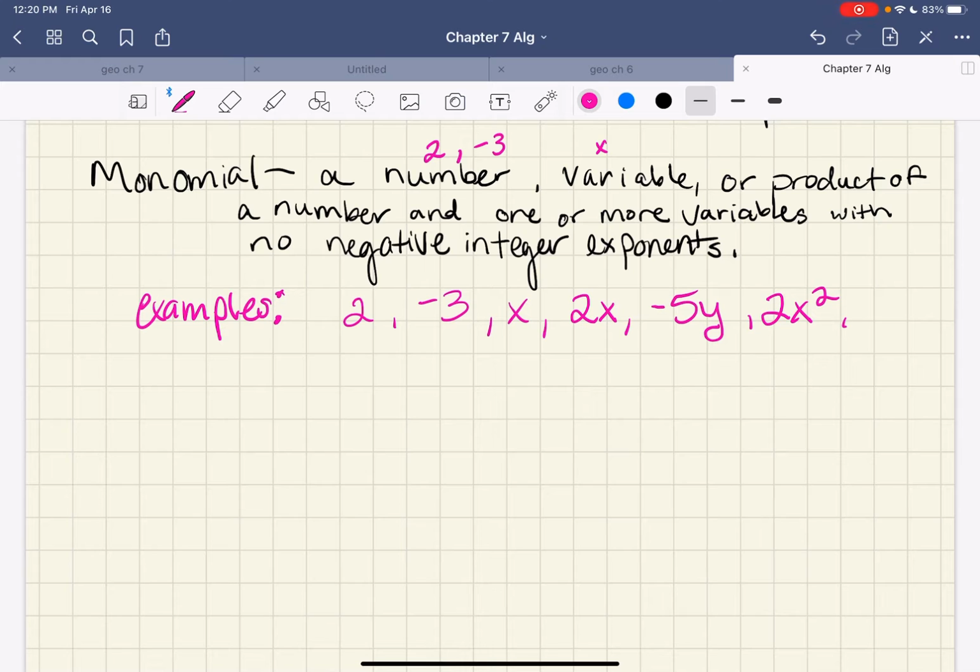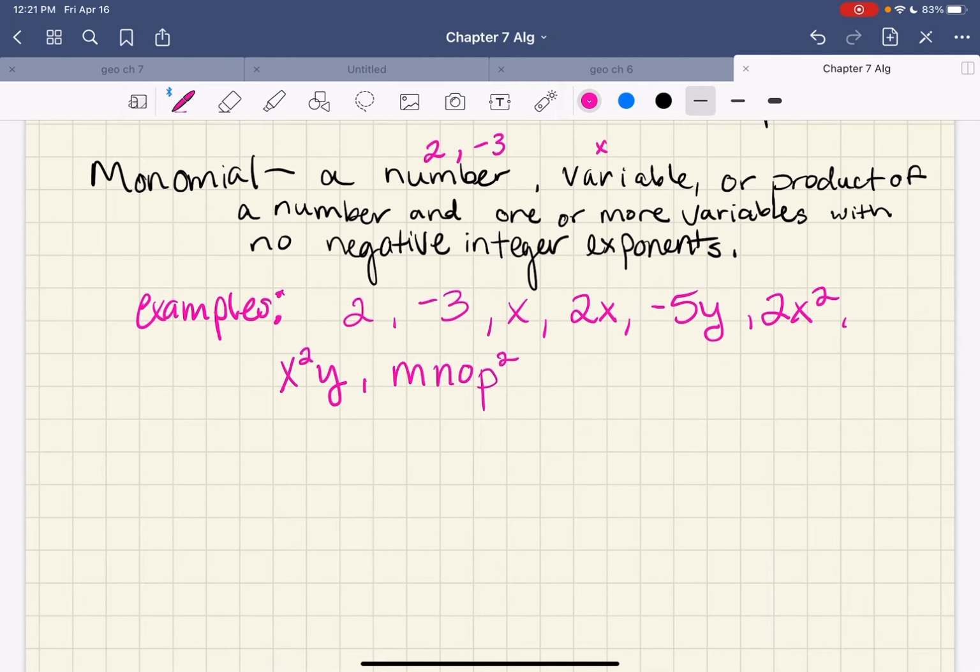There's just a ton of them. x squared times y. So many. m, n, o, p squared. These are all examples of monomials.